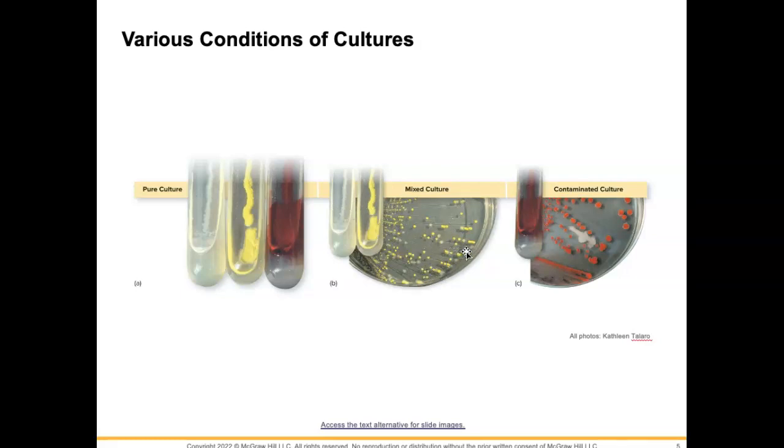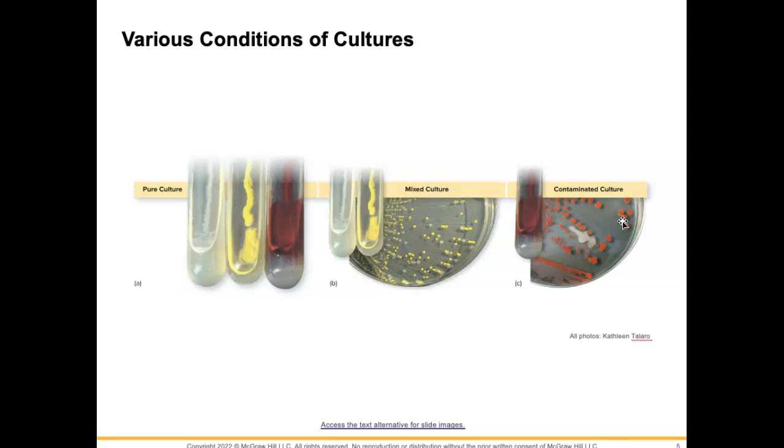You can see that we have some yellow colonies. These little circles are called colonies on an agar plate. And then mixed in there in a homogeneous way are these off-white, clearish colonies that are mixed in equally.